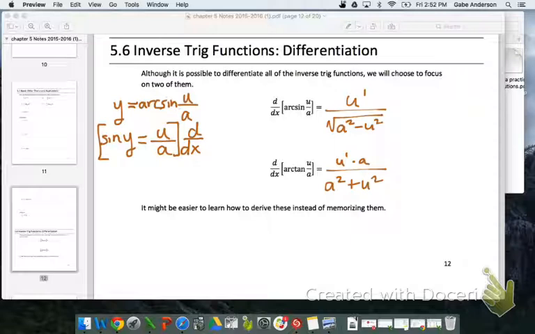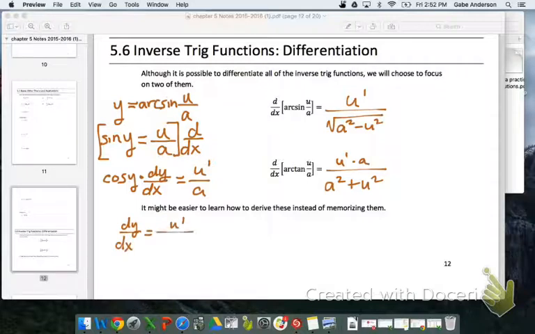Using implicit differentiation, that gives me cosine of y times dy/dx is equal to u prime over a. Then, keeping in mind that my goal is to find dy/dx, I'm going to divide both sides by cosine of y, and I get dy/dx is equal to u prime over a cosine y.